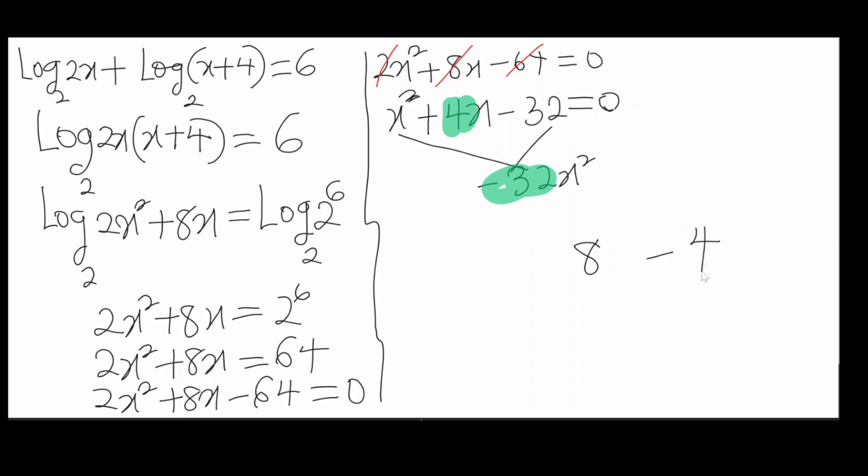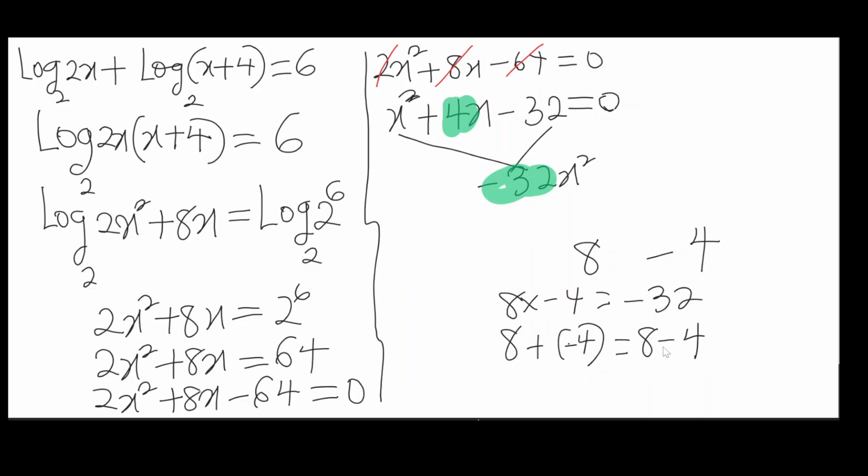Because when I have 8 times minus 4, it's going to give me minus 32. Then when I have 8 plus minus 4, it's going to give me 8 minus 4, because addition multiplied by subtraction will give me negative, as I have here.